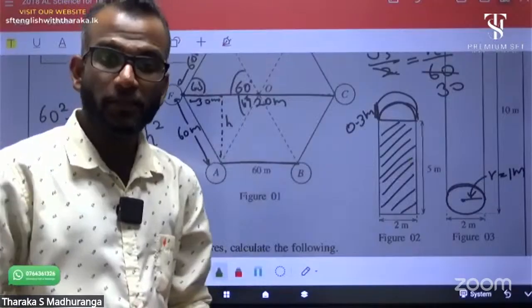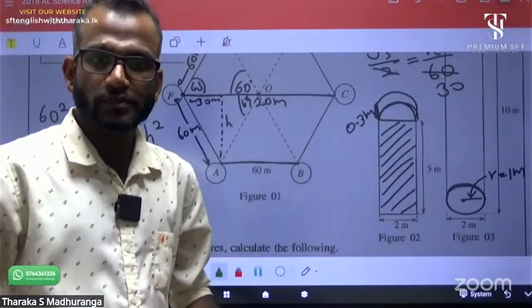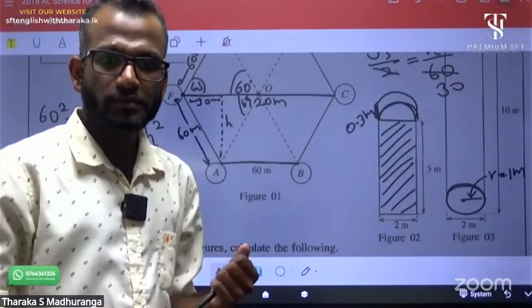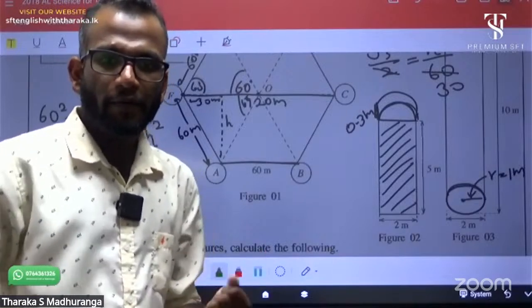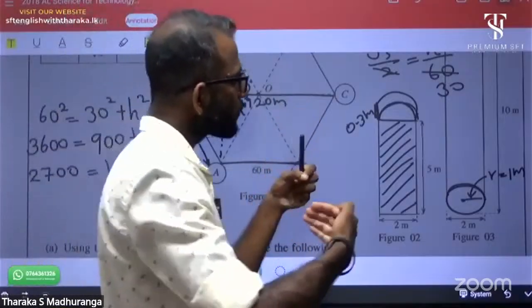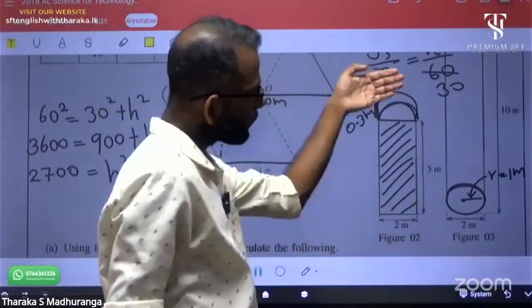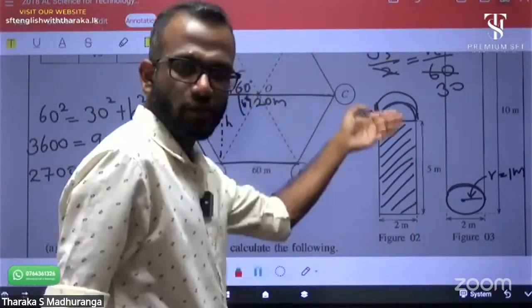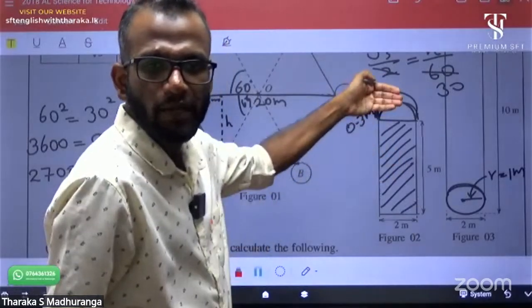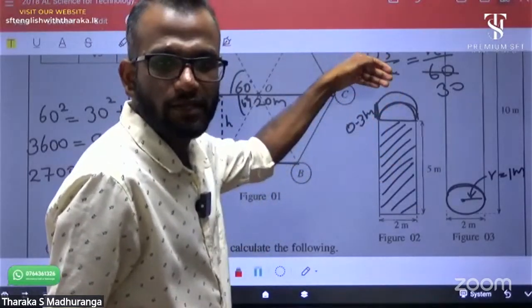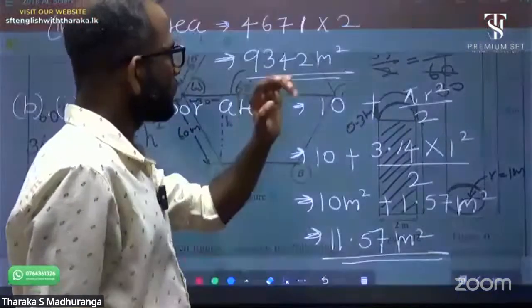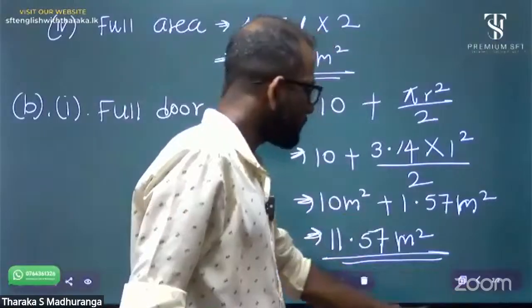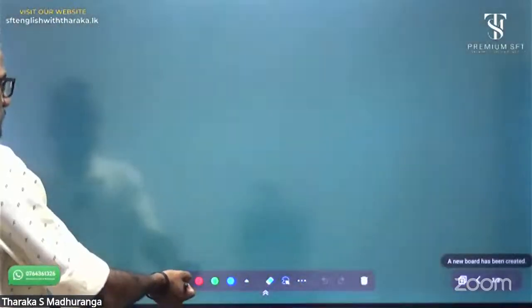The uniform cross section area, this is the cross section area, multiplied by thickness or length, right? Thickness or length. Then this is the area of the door, 11.57.